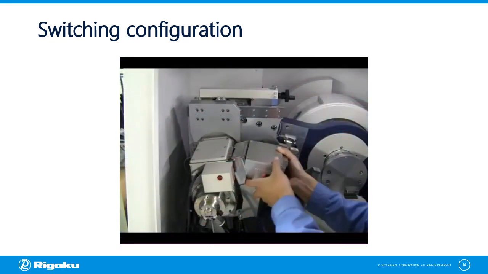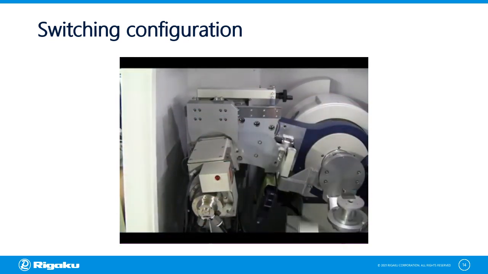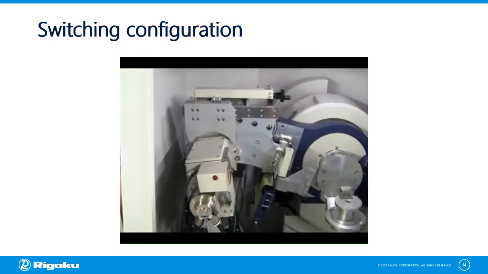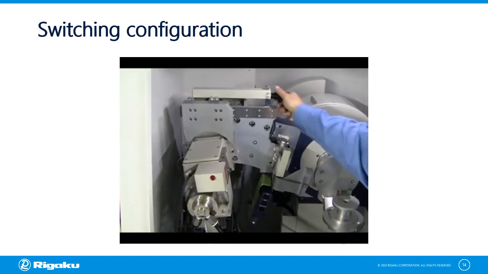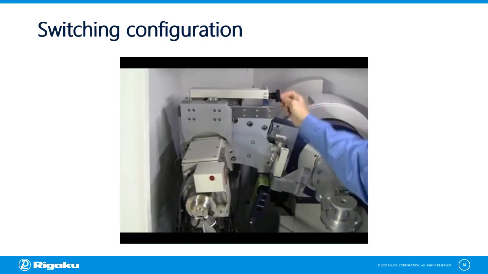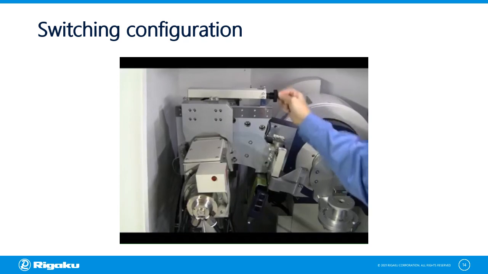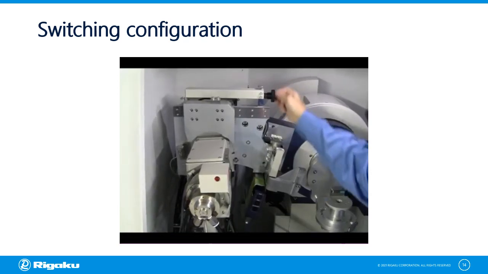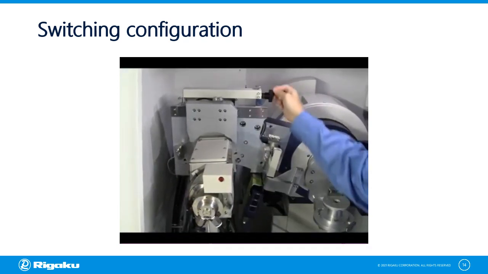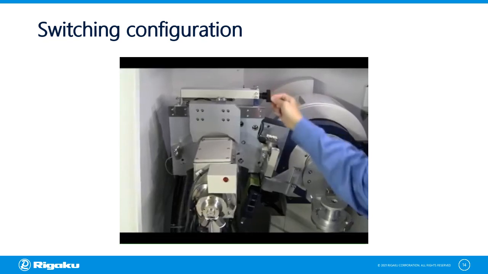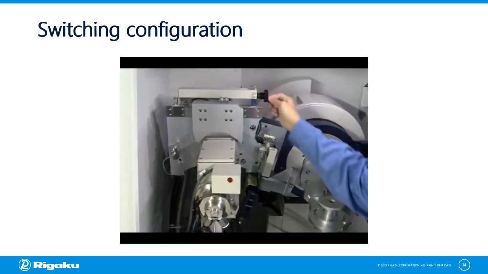Reversing this is easy. Remove the Johansson monochromator housing and rotate the X-ray source back to the standard position. Run Rigaku's exclusive auto-alignment routine, and you can be back to collecting data in K-alpha-1, K-alpha-2 mode. This breakthrough in hardware design means that you never have to dedicate a diffractometer to only K-alpha-1 data collection.